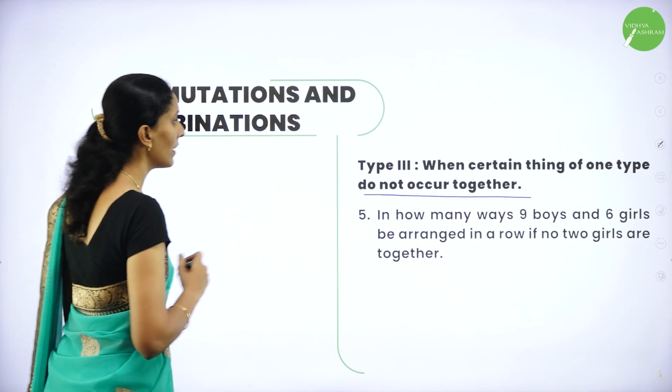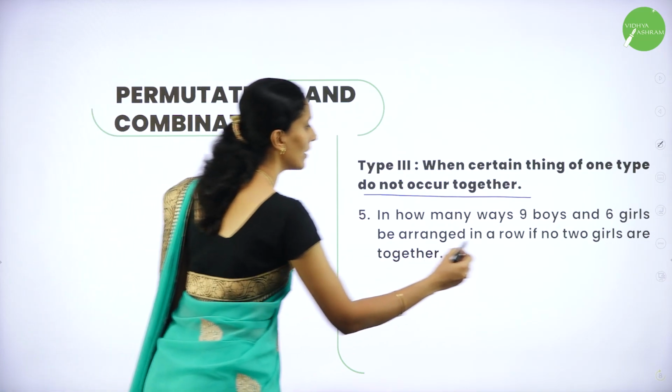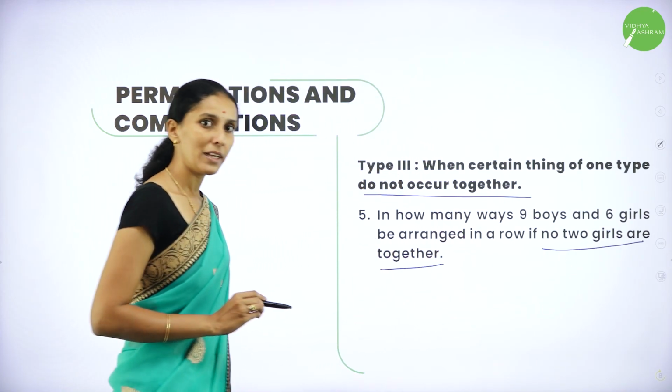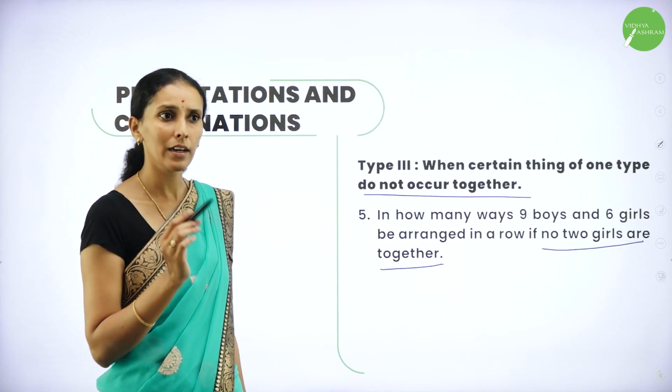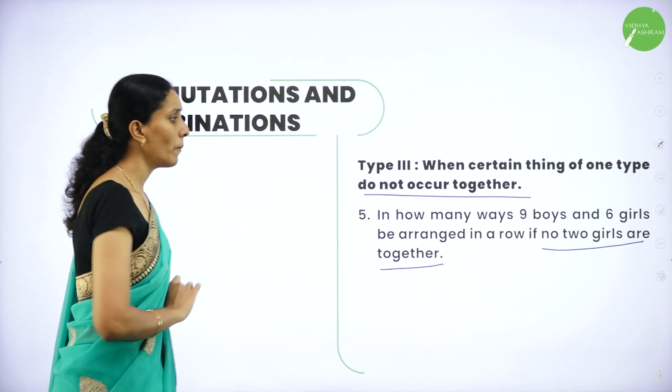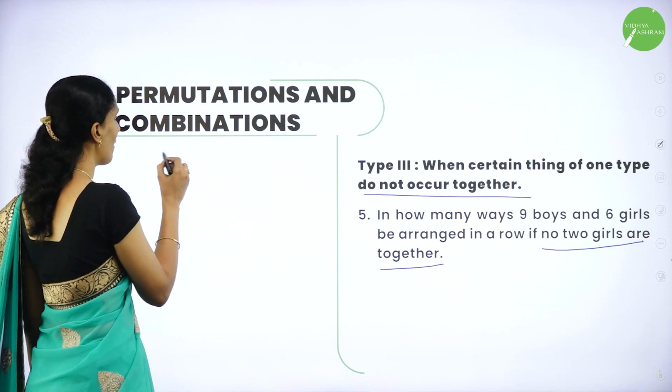Okay, so we have here 9 boys. Remember the words no 2 girls are together. That means girls cannot be together. They have to be placed alternately between boys. So how many boys do we have? We have 9 boys.